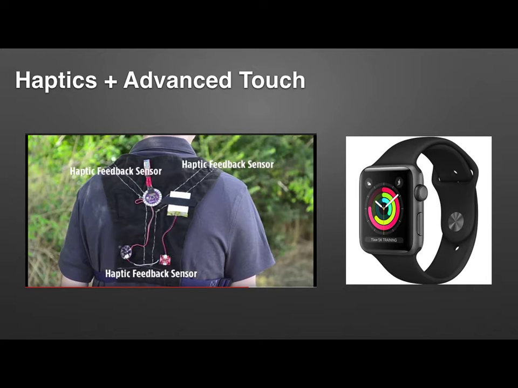So haptics, basically giving you a sense of touch feedback. In a lot of cases, it's vibration. Quite a few of you submitted the various Nintendo devices. The Switch, if you haven't used it, the little Joy-Cons on the side here, the haptics are very impressive.